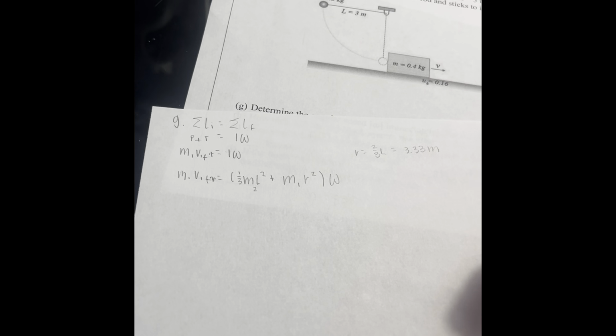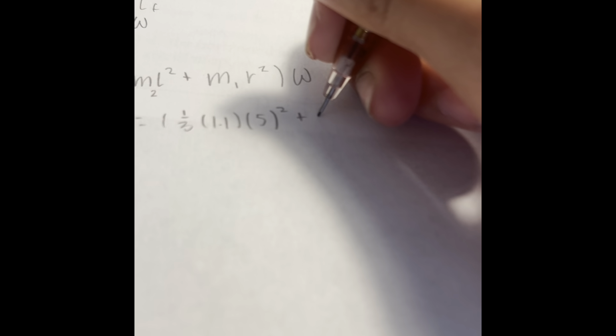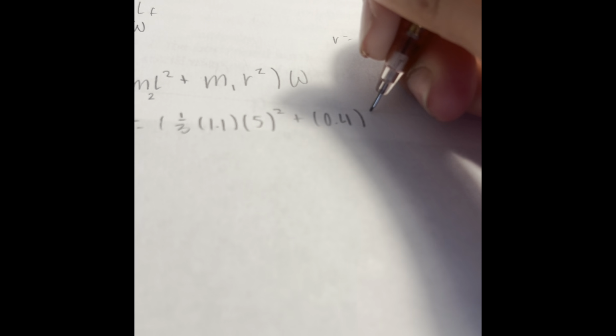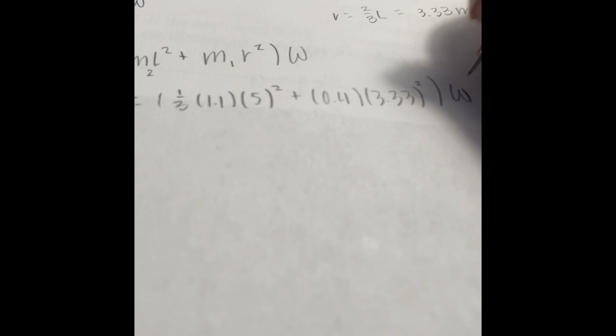And then I'm just going to plug in for my known variables. So this is 0.4 v1f times 3.33, which is equal to 1/3 times the mass, 1.1, times 5 squared plus 0.4 times 3.33 squared times omega.